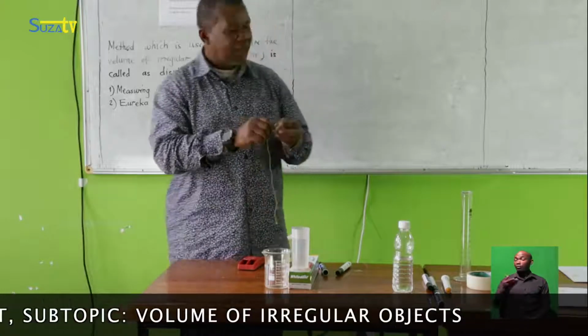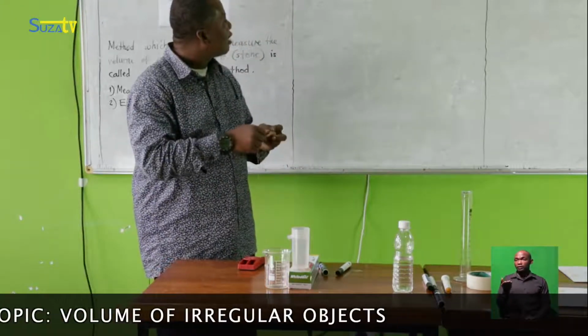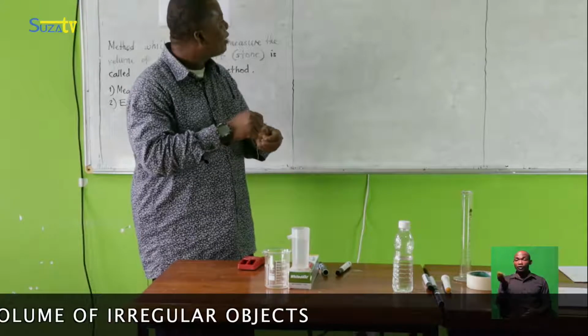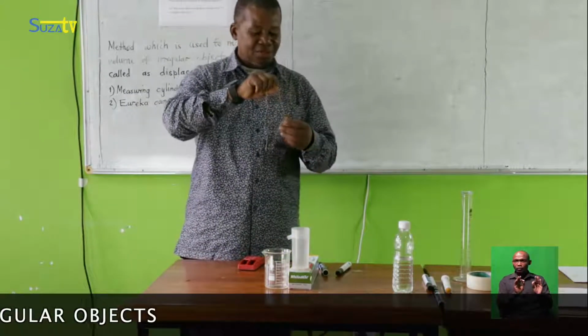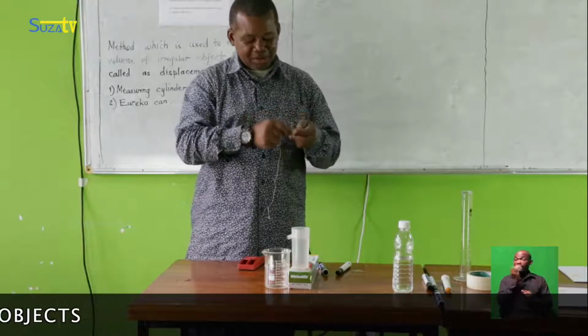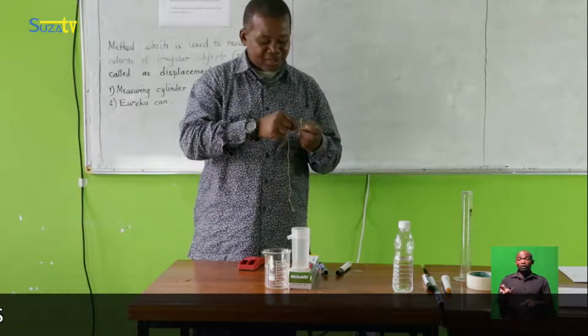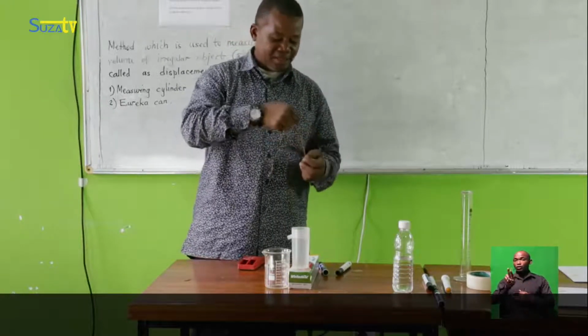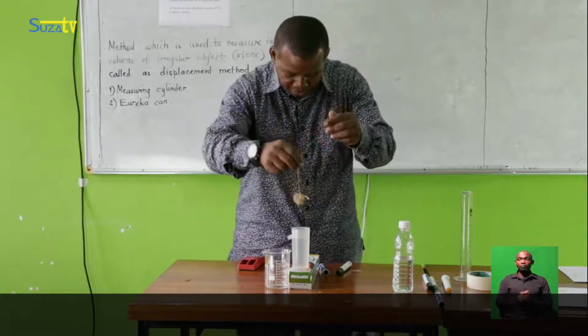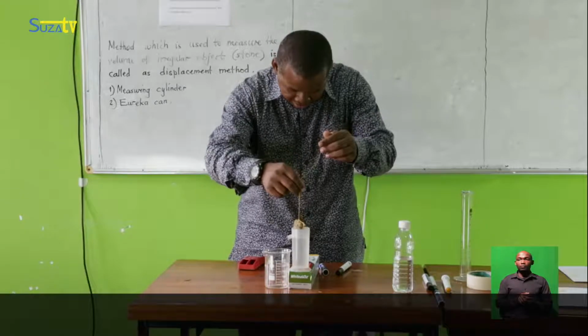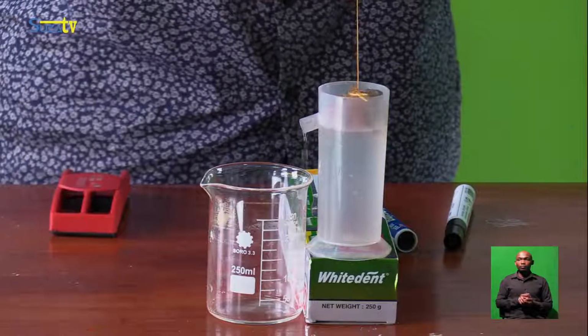Okay, then after that, gently lower it into the water contained in the Eureka can. Great attention should be taken when we're putting the stone in the Eureka can. Here we are putting the irregular object, which is a stone.